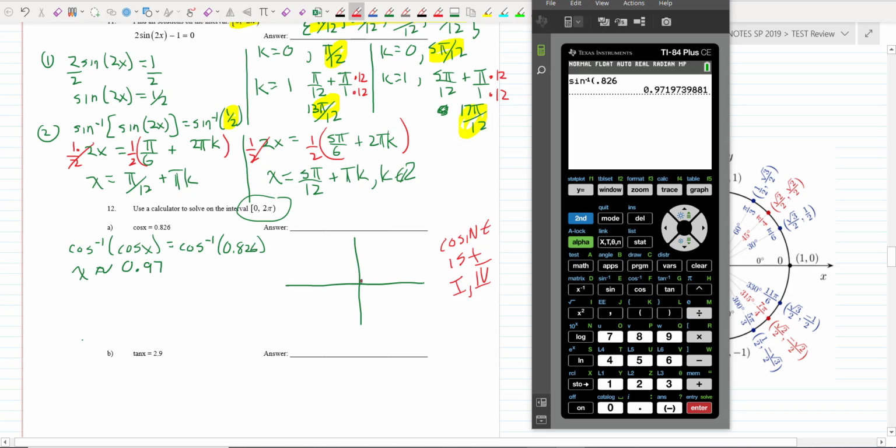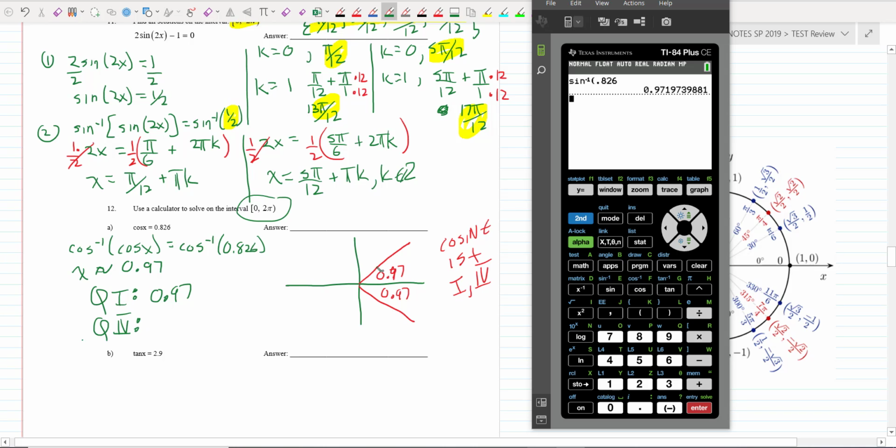So what we have is the quadrant 1 answer in radians. So that is a reference angle. We also have that same reference angle for quadrant 4. So what you do is quad 1, the calculator gave us the quad 1 answer. The quad 4 answer, well, you got to go like this.